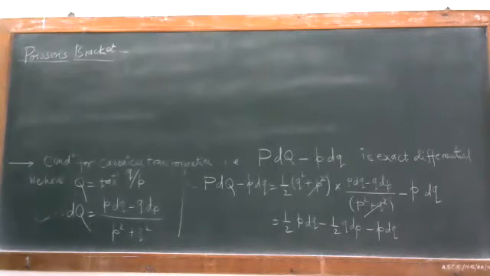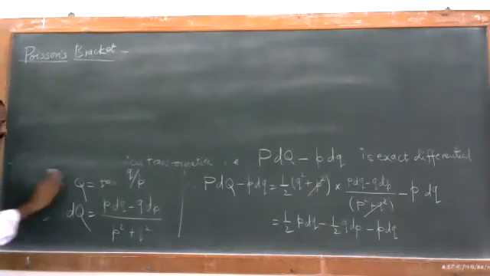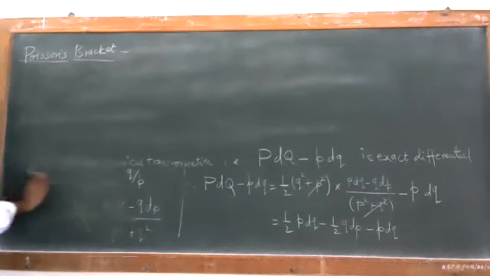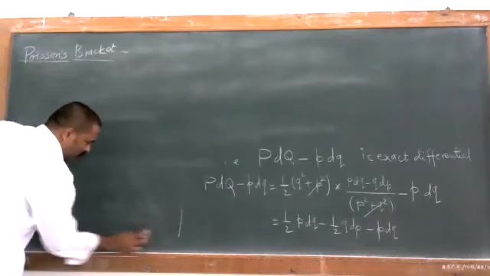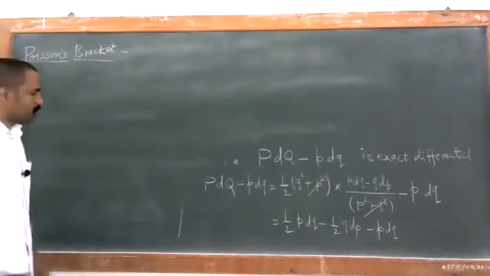So we have to look at the definition of Poisson's bracket first, and then we will look at some of the transformation equations, some of the identities for this Poisson's bracket.